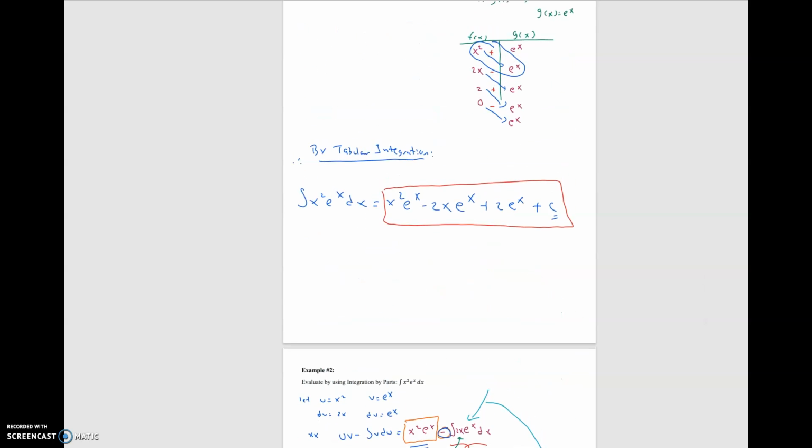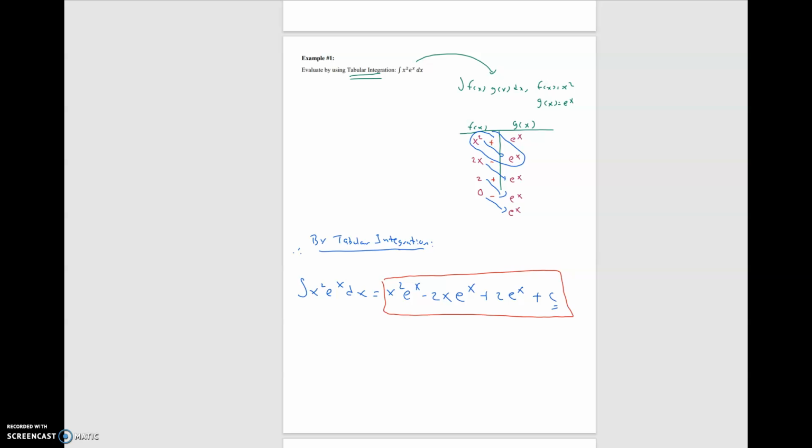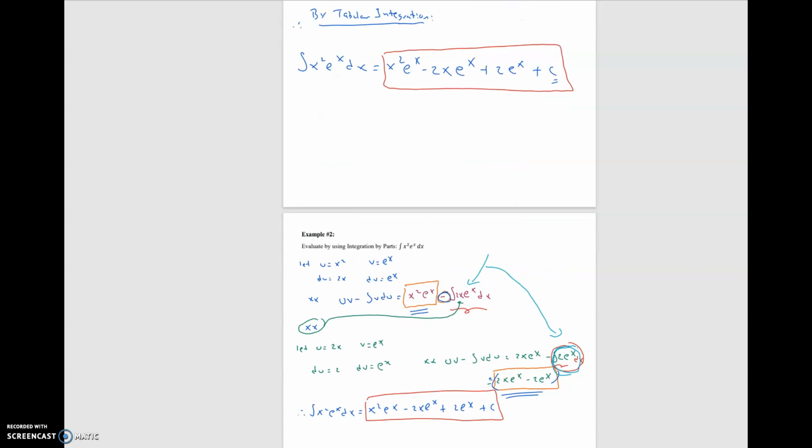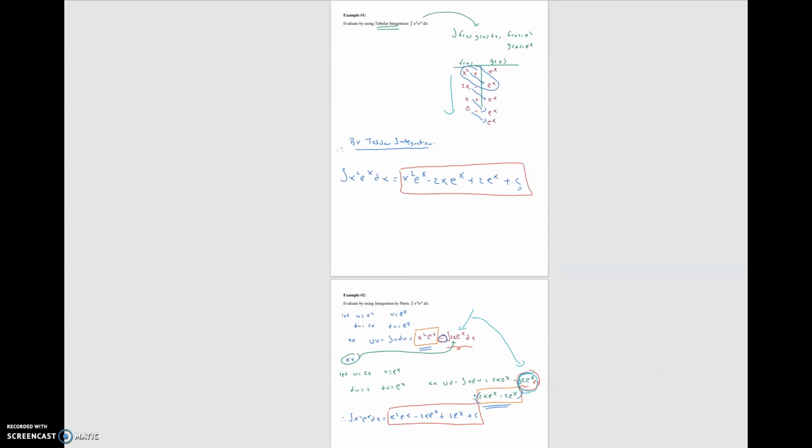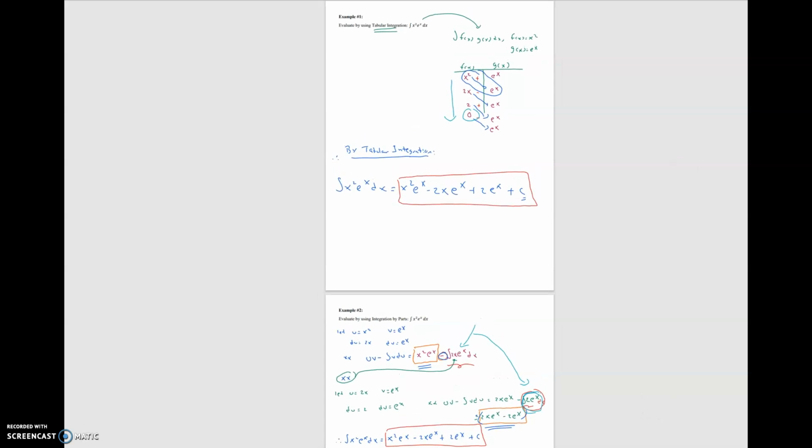It may just be easier to use tabular. The main idea is that one function has to differentiate to 0, and your other function you're able to integrate. If you satisfy these two conditions, then you may use either, but one function has to differentiate to 0. In this case, as you can see, it was a little bit messier to use by parts.